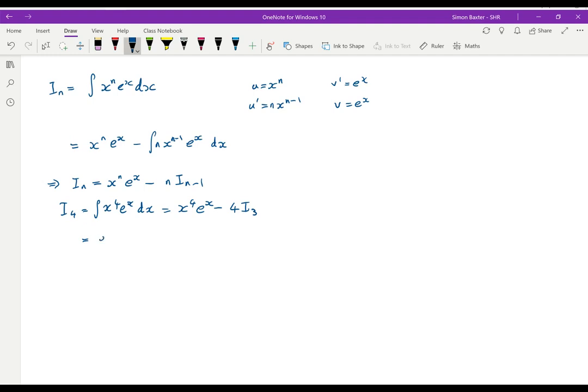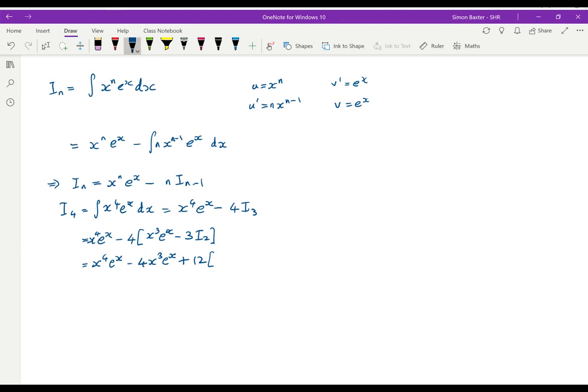Take that on. x to the 4 e to the x minus 4 times I_3. I_3, using the formula, is x cubed e to the x minus 3 I_2. x to the 4 e to the x minus 4x cubed e to the x plus 12 I_2.